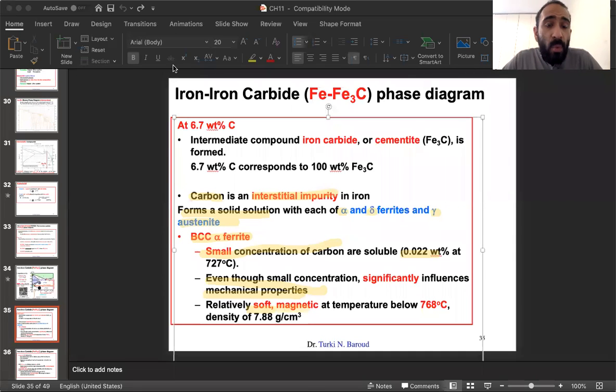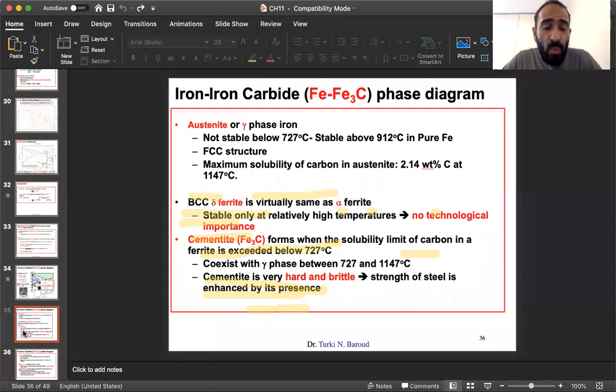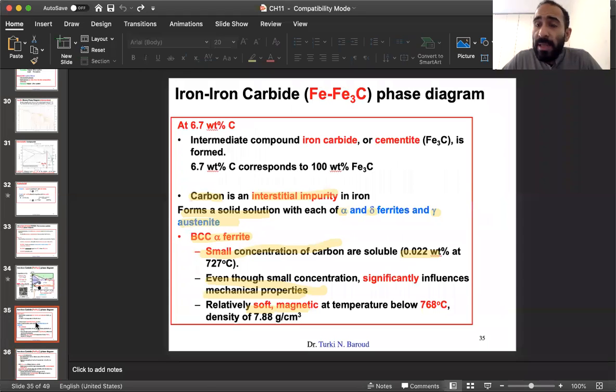Once you start to add carbon, it starts to enhance its mechanical properties a little bit and improve its strength. But because the alpha ferrite can only accommodate a small amount of carbon, its mechanical property is still soft.